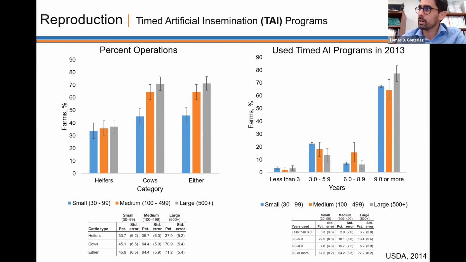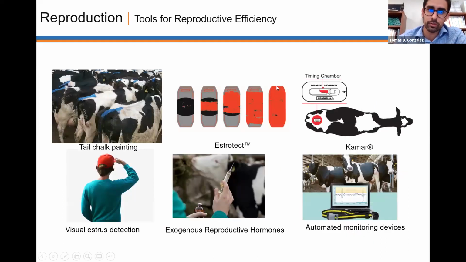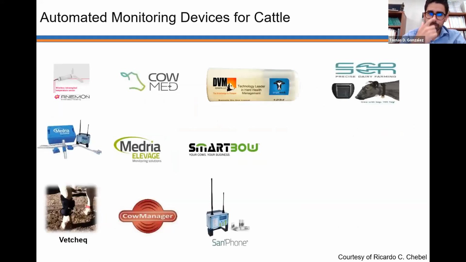Now, going back from the last slide, I'm going to show something else for reproduction efficiency, which is automatic monitoring devices you can use for more efficiency. You have different options in the market. You can use different signs the cows can express: changes in activity, changes in rumination, changes in temperature.